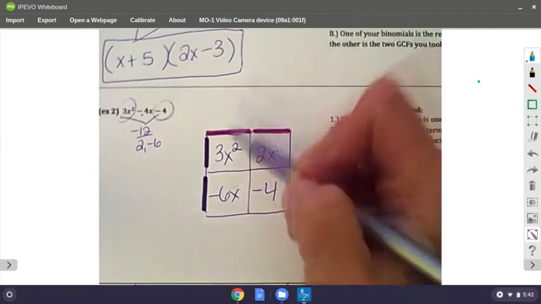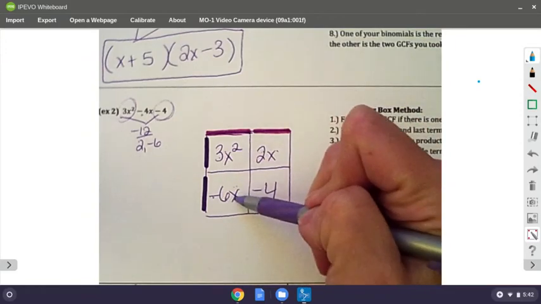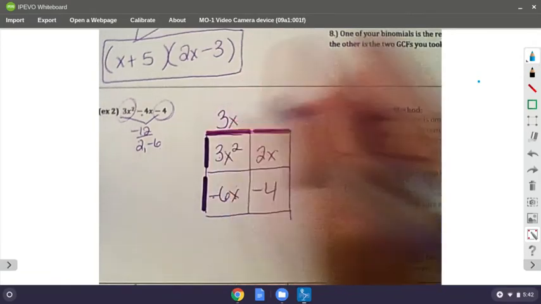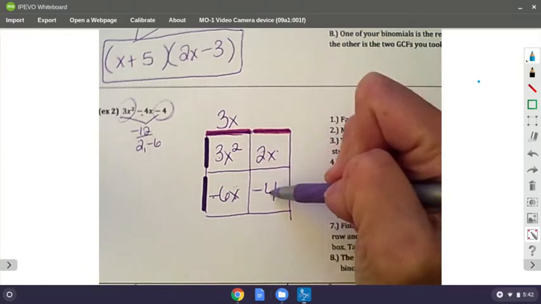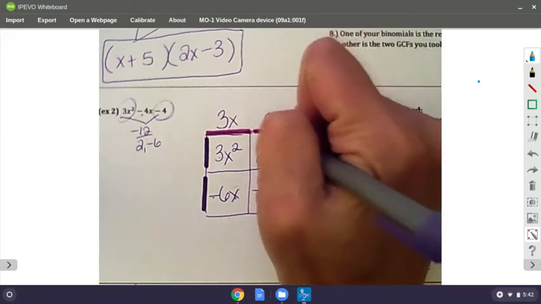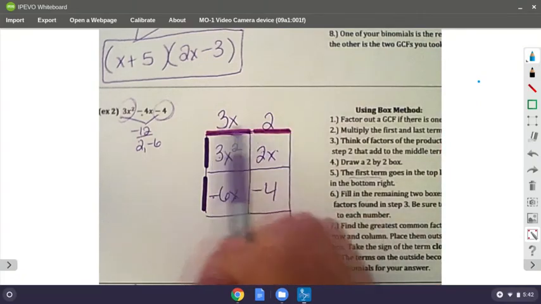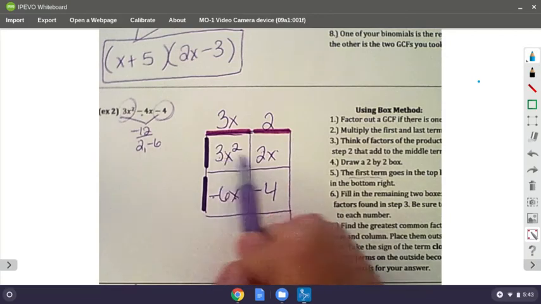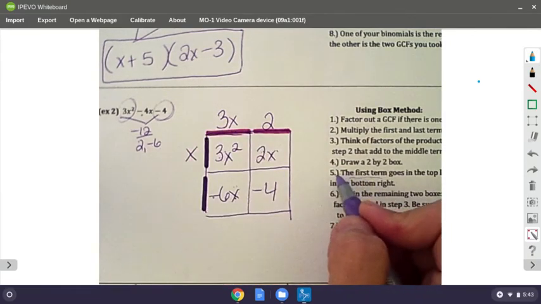So the GCF of 3x squared and negative 6x would be, they have a 3 in common. They also have an x in common. The GCF of 2x and negative 4 would be 2. 2 goes into 2x, 2 goes into negative 4. So that takes care of the top. Then we do this side. This row, 3x squared and 2x, they just have an x in common. No number other than 1.